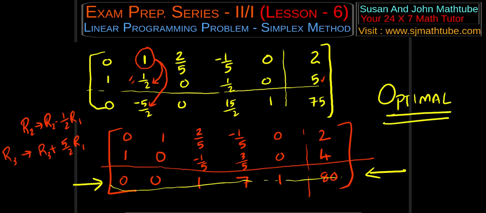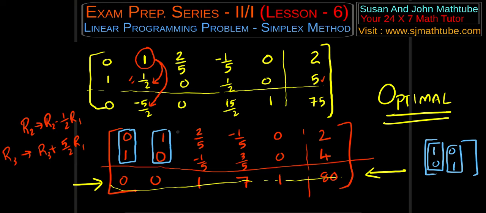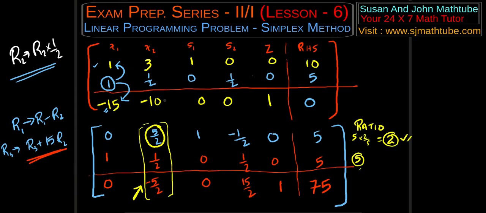Okay, now what should we do? We have to find the identity columns, or the columns in the identity matrix. The identity matrix over here is 1 0 0 1, and you should search for 1 0 and 0 1. Okay, I already found it. 1 0 I found here, and 0 1 I found here. Now look at this. In the first step, we put the variables here: x1, x2, s1, s2, z, right?